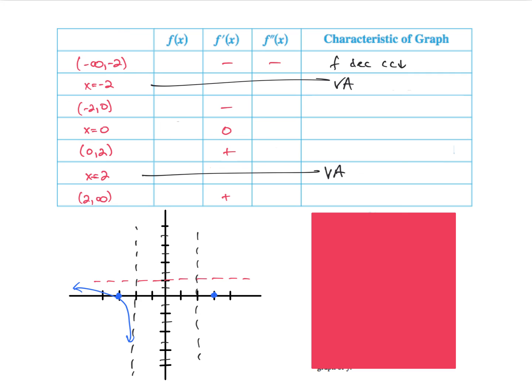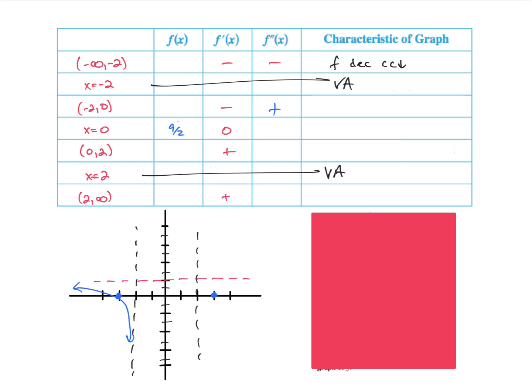Negative 2 to 0. So what is f double prime? Positive or negative? Positive. I already substituted in 0. What was my f? 9/2, 9/4, what was it? 9/2. Now if I substitute in 0, what would be my f double prime? Got a negative 20 over a negative cubed.